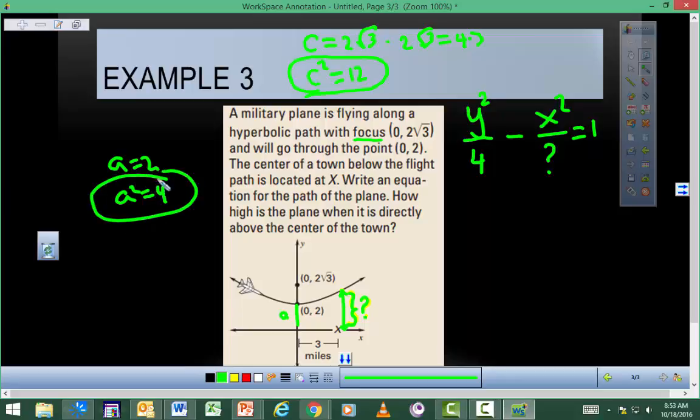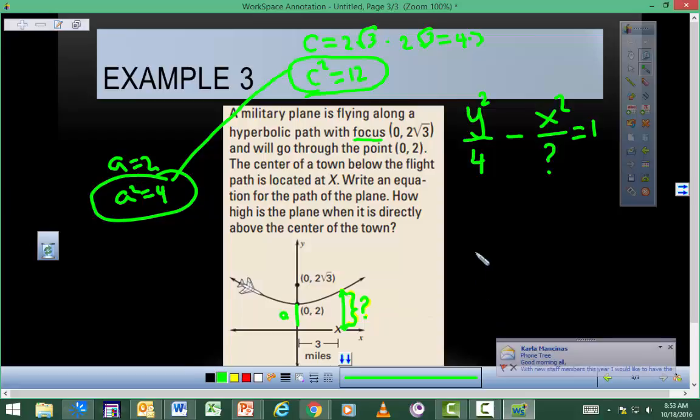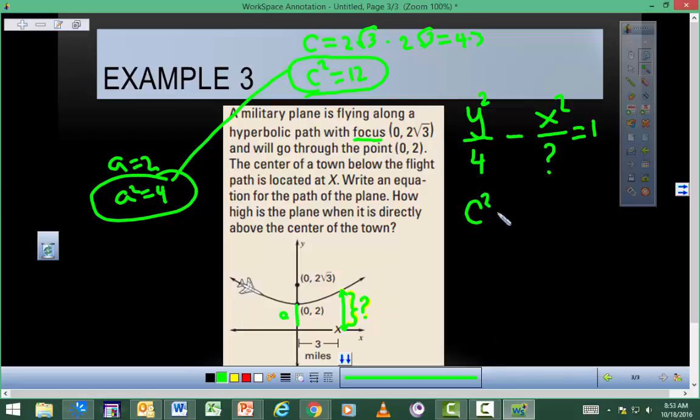Well, by using this piece and this piece, we should be able to figure out b, because remember, it's just like the previous problem. c squared is equal to a squared plus b squared. So in this case we get 12.